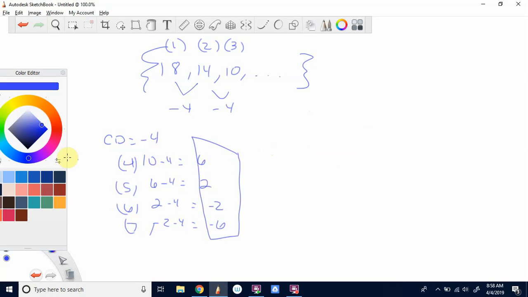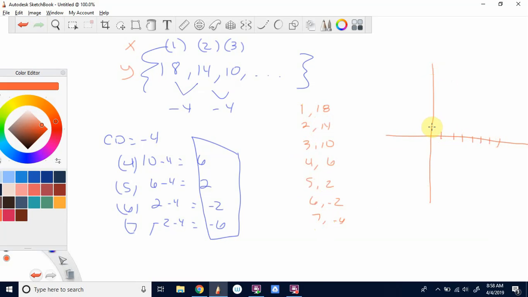Now they want us to graph these. Remember, they're just x and y values, or coordinates. So you have 1, 18; 2, 14; 3, 10; 4, 6; 5, 2; 6, -2; and 7, -6. And we know how to graph coordinates, I hope you do.